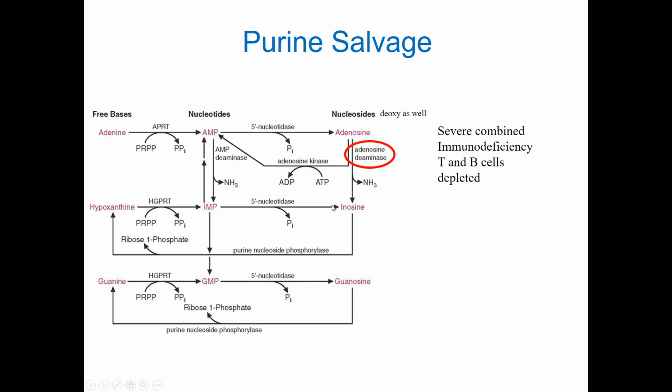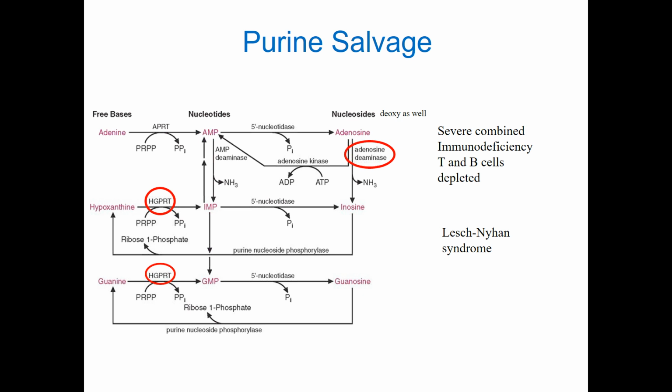We also can see a very intense disorder by the loss of the action of this enzyme, hypoxanthine guanine phosphoribosyl transferase, this HGPRT. If we lose the function of HGPRT, the disorder is known as Lesch-Nyhan syndrome.